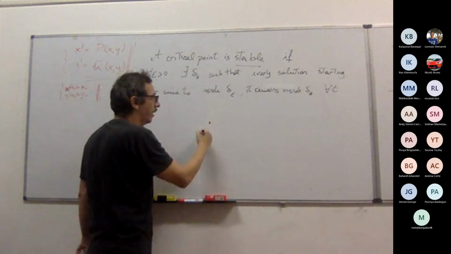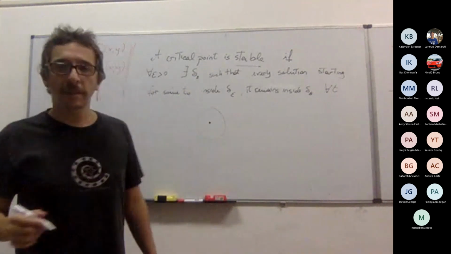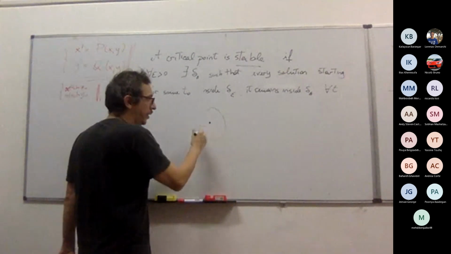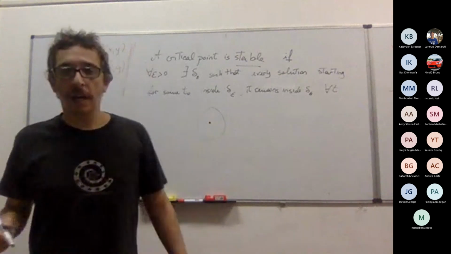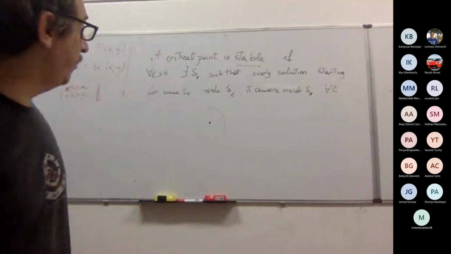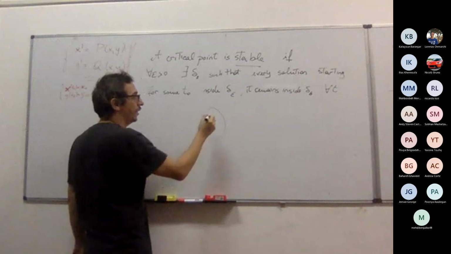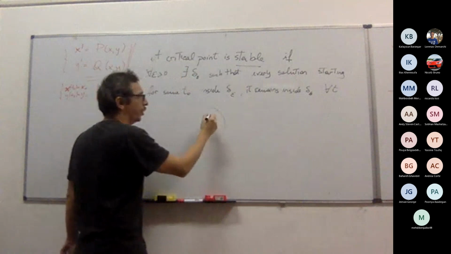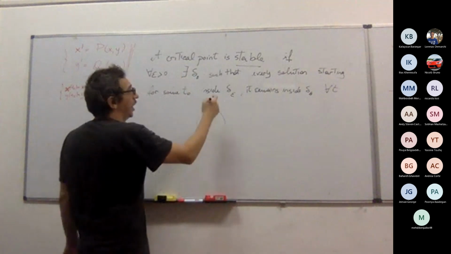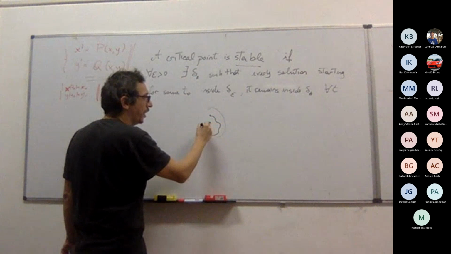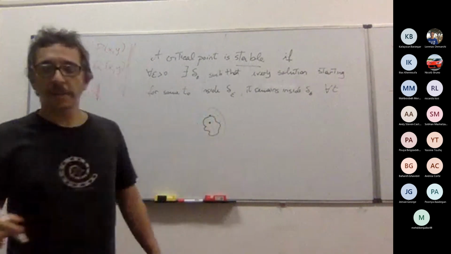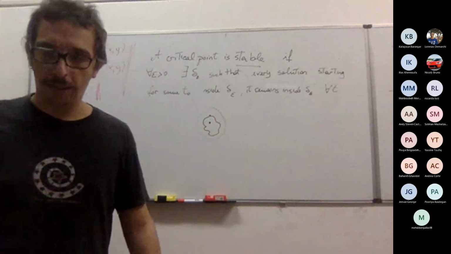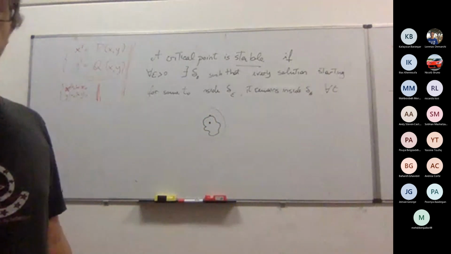This point is stable if any solution starting from inside, so at t0, for example here, continues to stay inside this circle. Then the critical point is said to be stable.